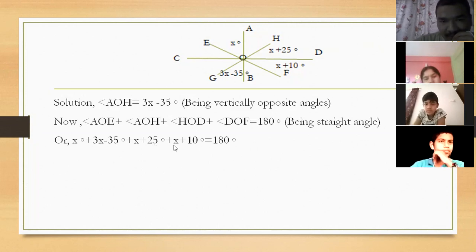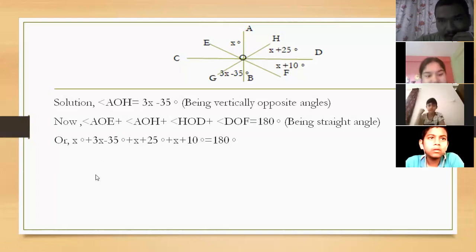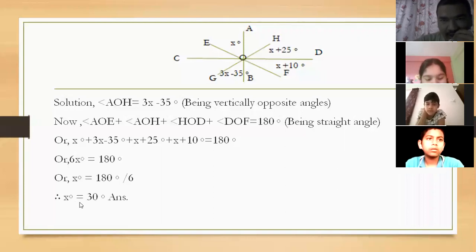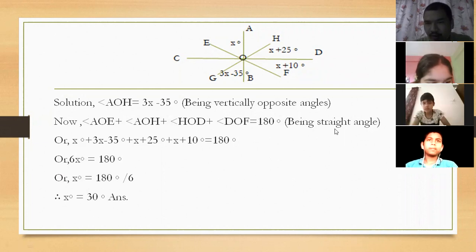Minus 10 plus 10, 0. And here, how many x are there? 4, 5, 6, there are 6x. Then when 6 goes there to divide, you will get the value of x, 30 degree. What is the value of x here? 30 degree. Are you clear, children? Yes, absolutely, sir.